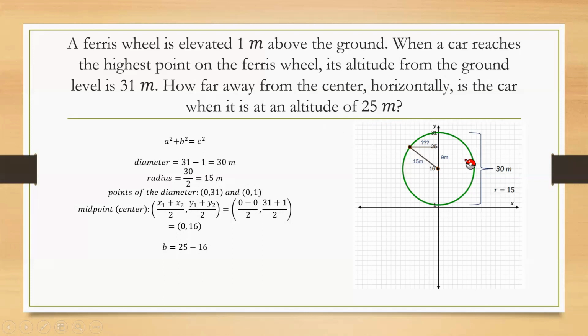It is said in the question, how far away from the center horizontally is the car when it is at an altitude of 25 meters? So 25 meters. In order for us to find how far away from the center horizontally, so this segment is the car at an altitude of 25 meters, we first have to find the distance between 25 meters directly up and the distance between that and our center, which is 16.